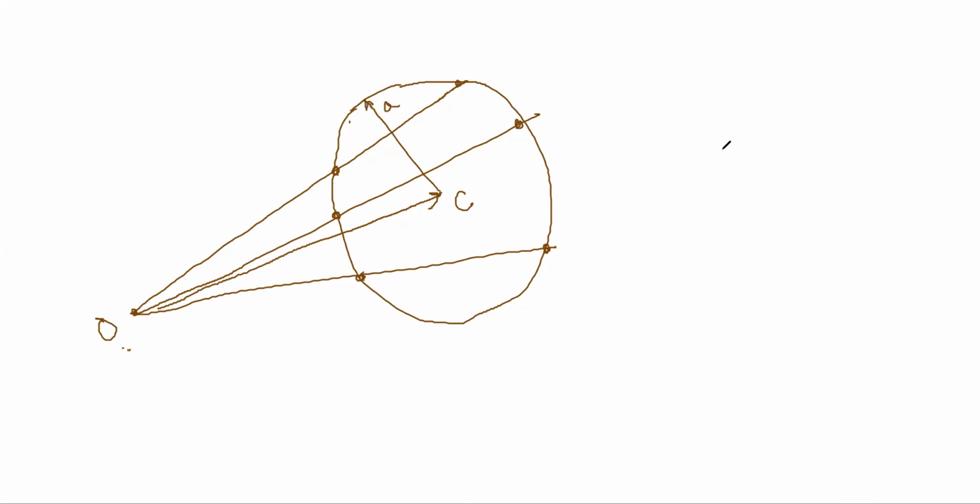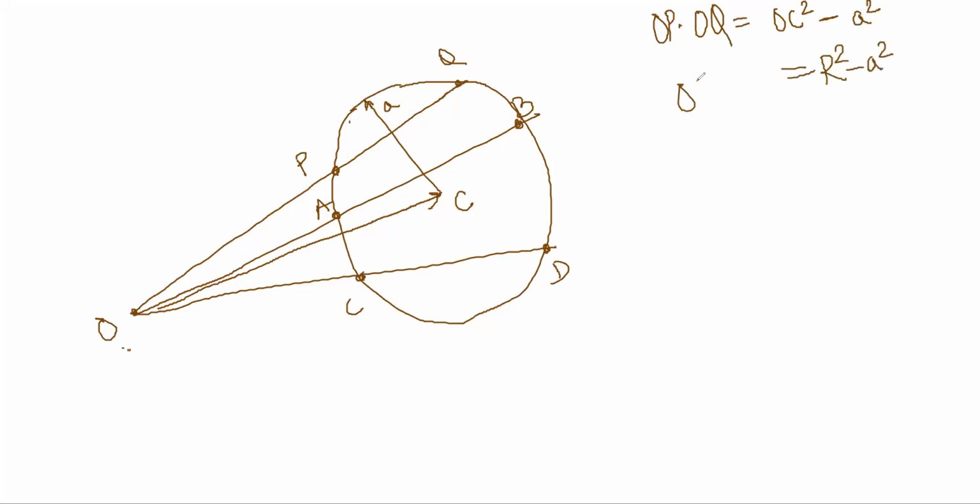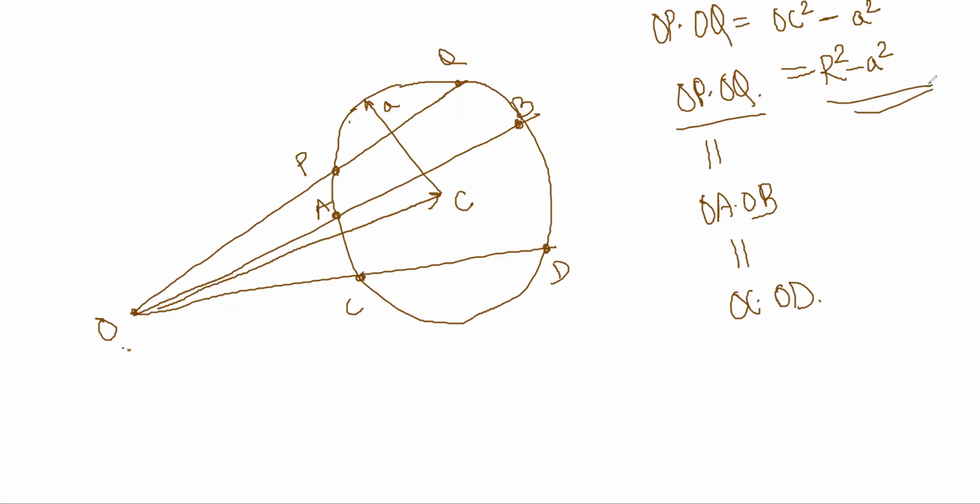So what I have is P, Q, A, B, C, D. I have OP into OQ is equal to OC square minus A square, which is equal to capital R square minus A square, which is equal to OA into OB is equal to OC into OD. All of them are this same value.